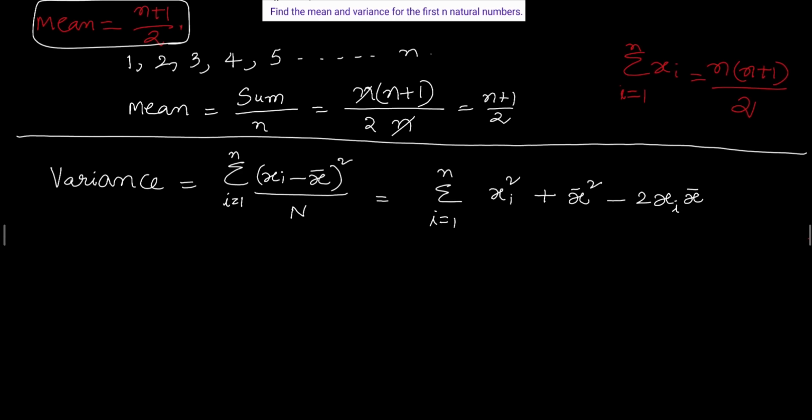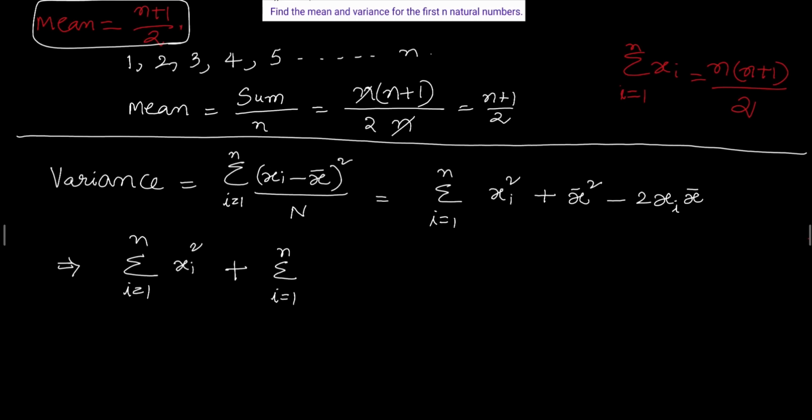Now let us separate them and see what happens. First one will be sigma i equals 1 to n xi square. If you understand, this is sum of squares of first n natural numbers. Then we have sigma i equals 1 to n x bar square.